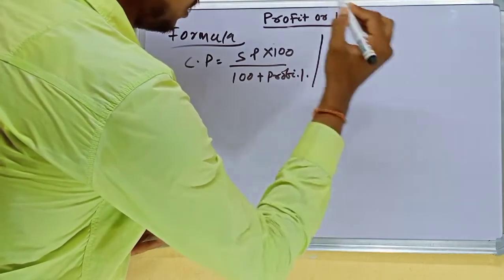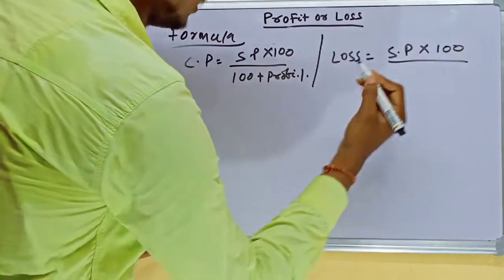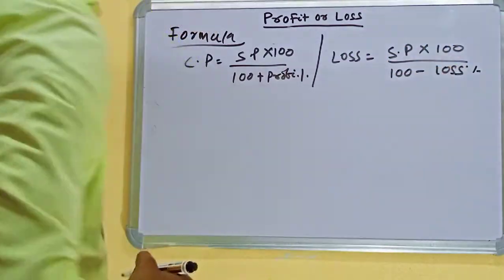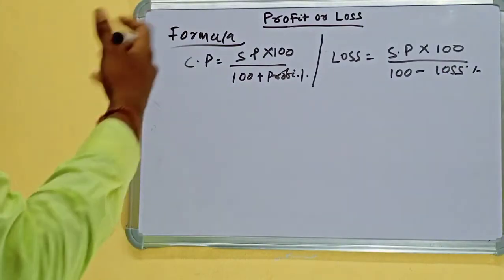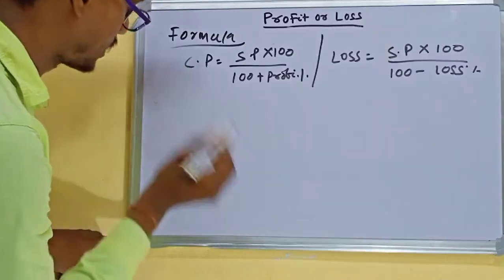And in case of loss, CP is equal to SP into 100 divided by 100 minus loss percentage. Where do we use this formula? In which question?